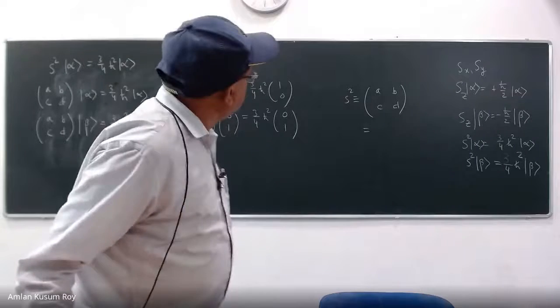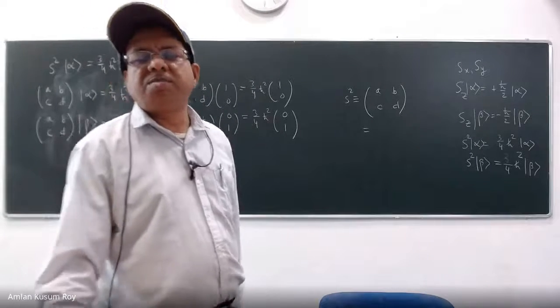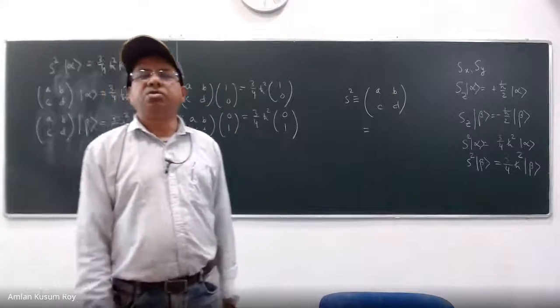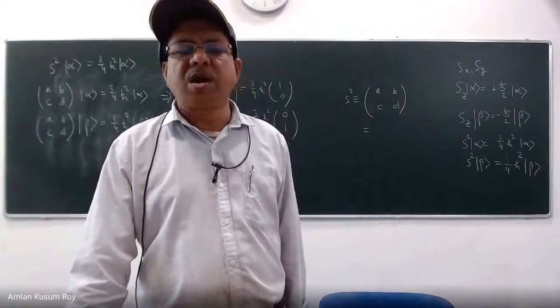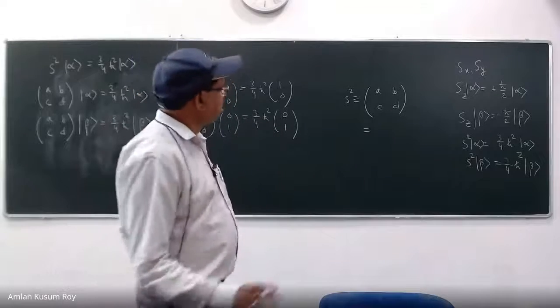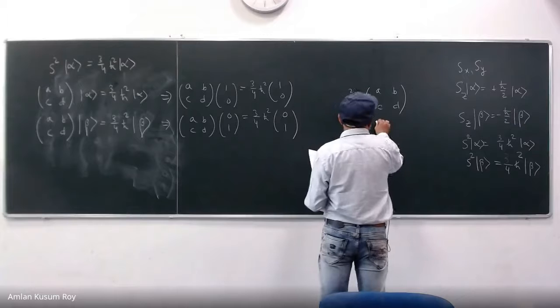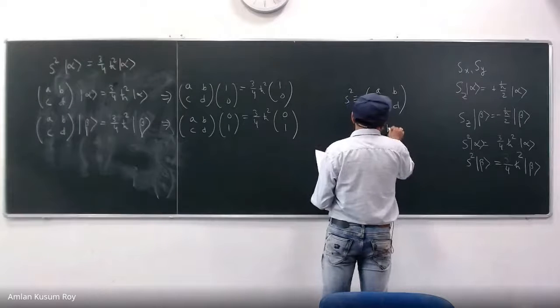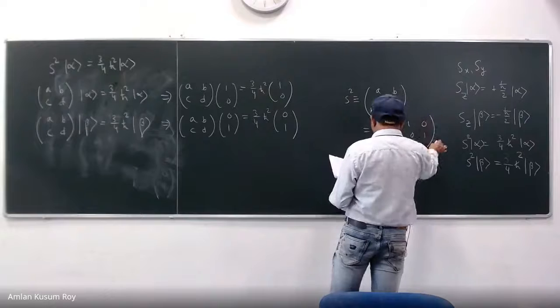I think you need to work it out a little better. What Somalika has written is correct. Please check your answer. It is 3 by 4 H cross square times the matrix 1 0 0 1. That is your matrix.